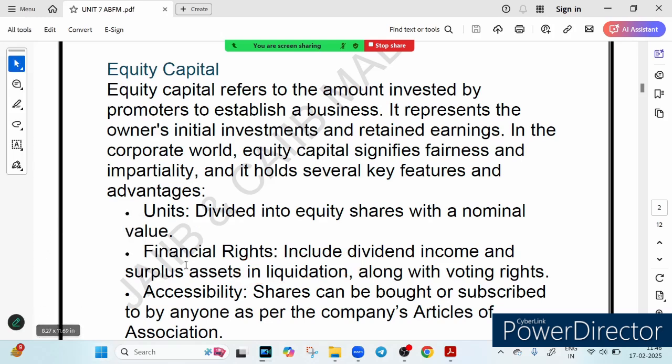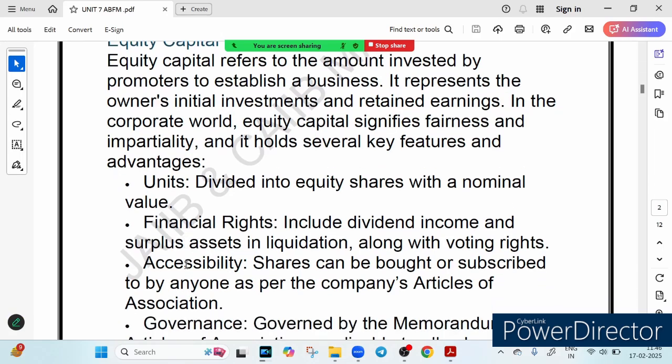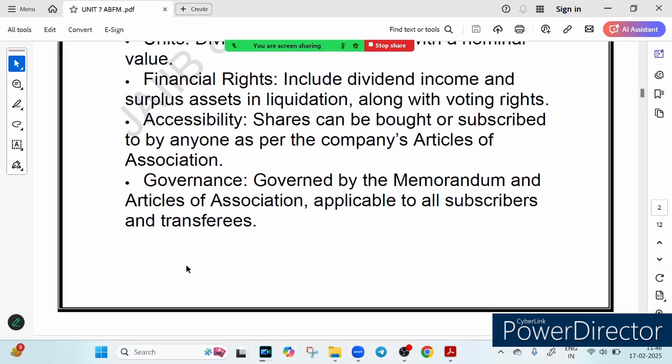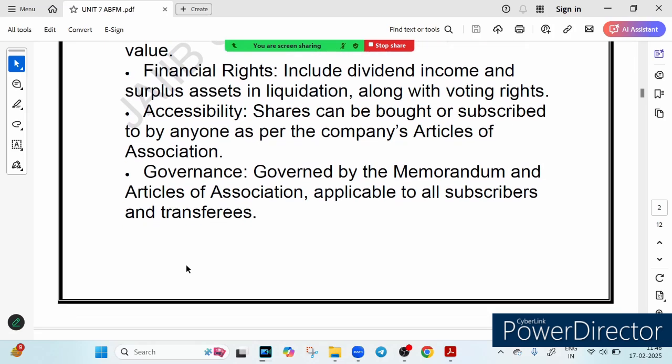Is it clear? So there are two benefits we have just talked about. First, they get a dividend, which is a share of whatever profit the company has earned. And when the company is in liquidation, the shareholder gets part of the leftover.